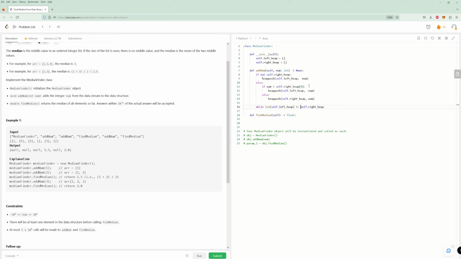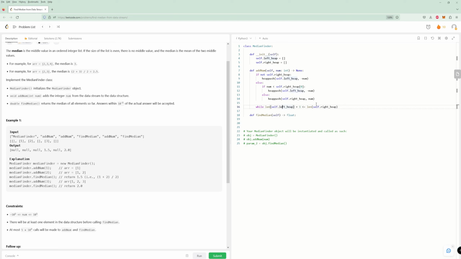Oh, this is length. And then, so let's think. They have to be more than one off, right? So I think it's actually like this. So that means they're more than one off.